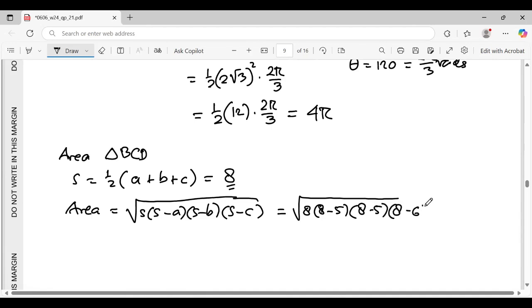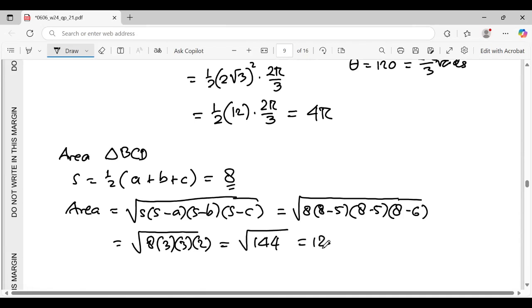And c is 6. Let's calculate: this is 8 times 3 times 3 times 2, the root of 144. And the result is 12. Fine. So it means the area of triangle BCD is 12.